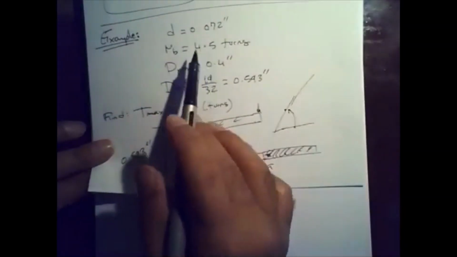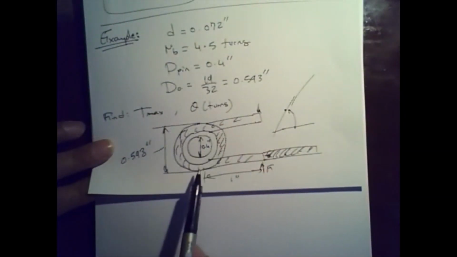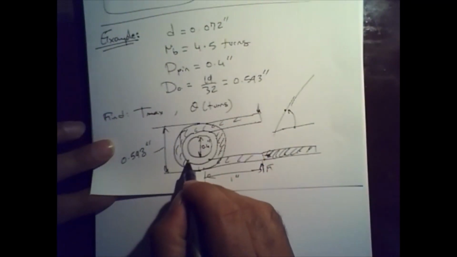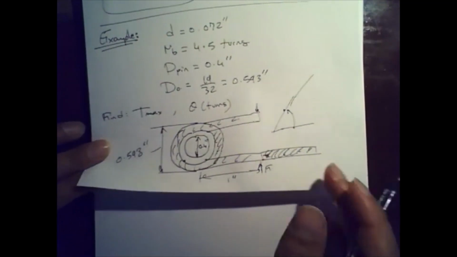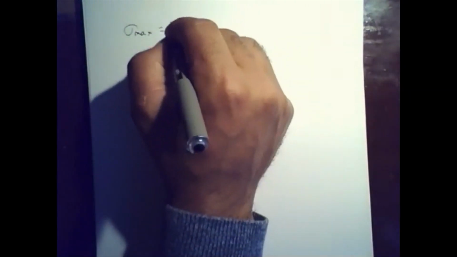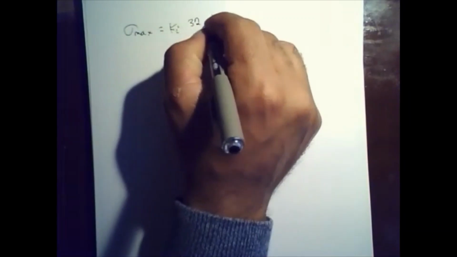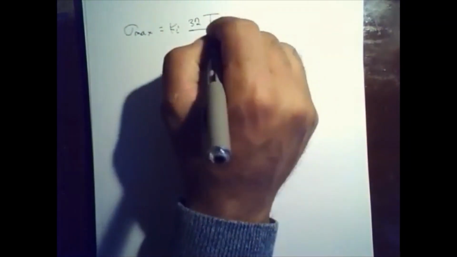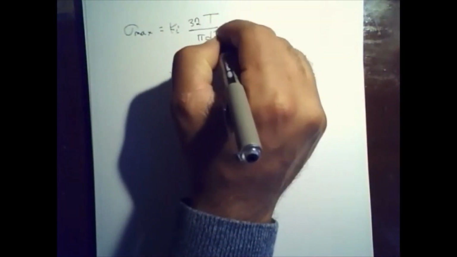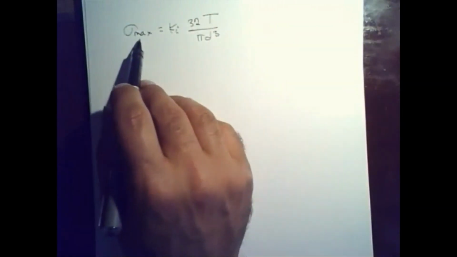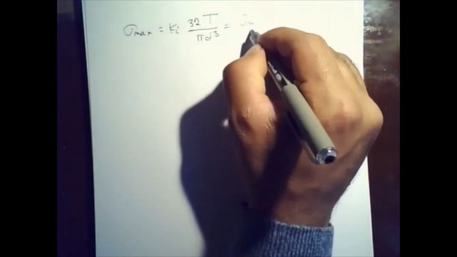Okay, so we need to find the maximum torque. We know the maximum is going to occur on the inside. We're going to set up our equation and then solve for the torque. So sigma max is equal to Ki times 32 torque divided by pi d cubed. And I know this has to be equal to my yield.